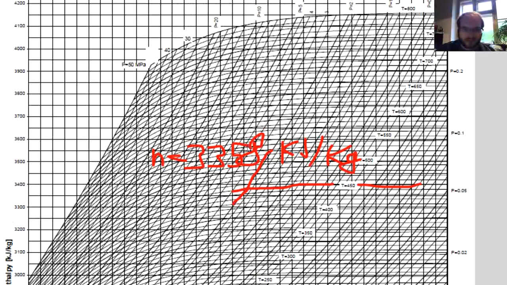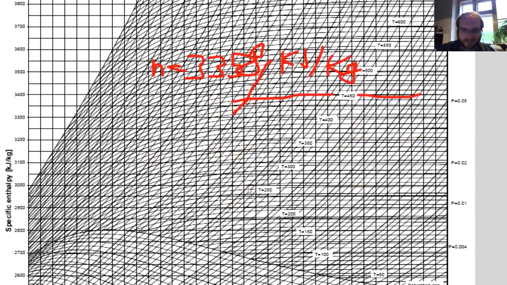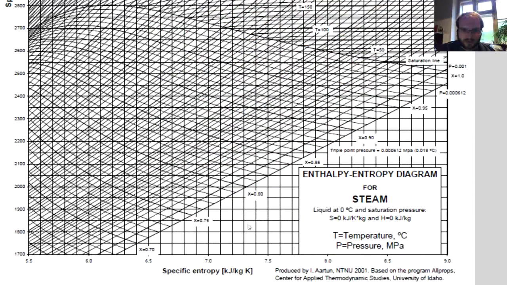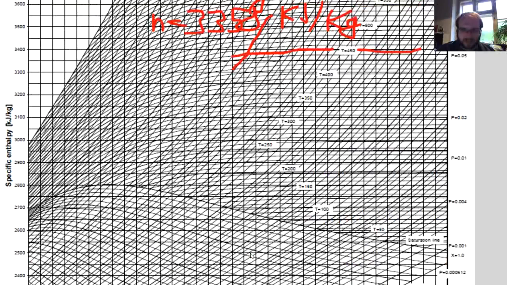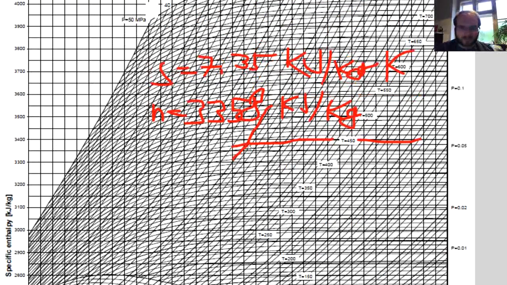Now let's also get the entropy for this point. You can see it should be somewhere here, 7, 7.1, 2, 3, 4, 5, so 7.35 approximately. So that's the point at the turbine inlet.